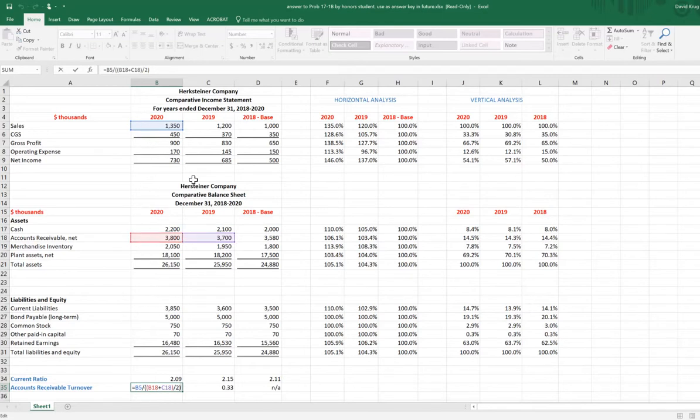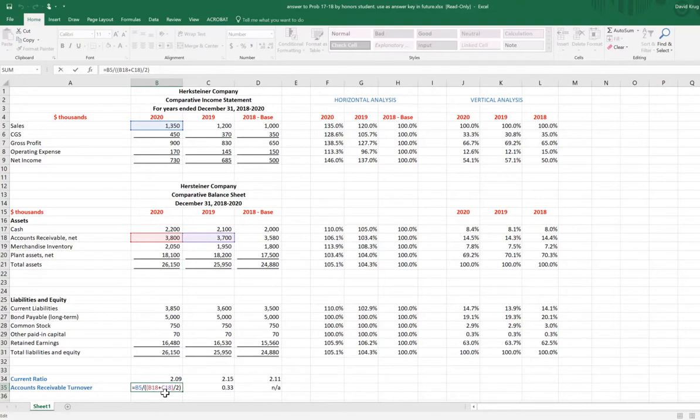Well, average accounts receivable would be these 2 numbers added together, then divided by 2. Now look at your parentheses here. I'll read this to you. Equals B5 divided by parentheses, parentheses, B18 plus C18, close parentheses, divided by 2, closed parentheses. So what we have to do is the things in the parentheses first.